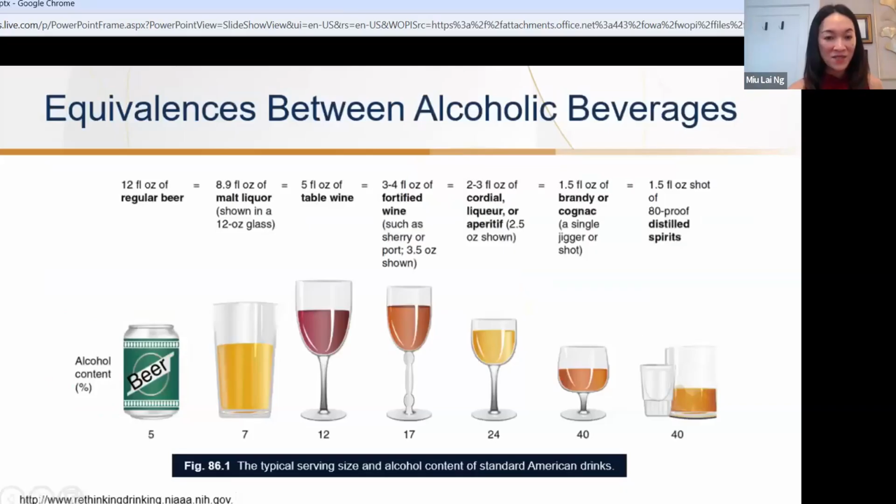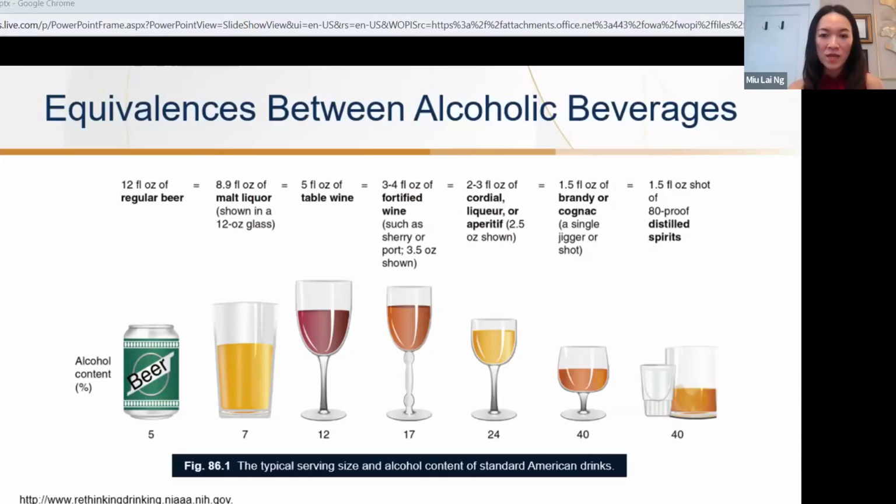So I love this slide. I think this slide can serve as a reference for our daily visits, even if you're not working in hepatology. It is important to understand alcohol equivalence. A standard drink in the United States contains about 14 grams of alcohol.